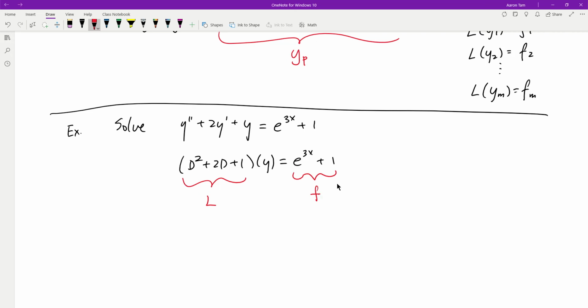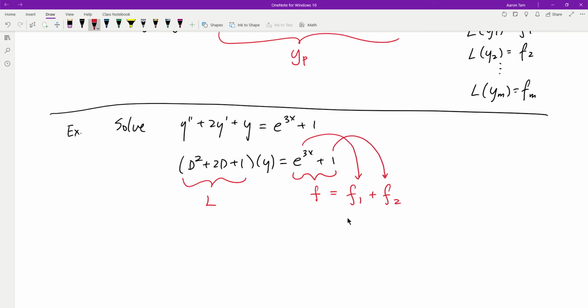But our function f in this case is actually formed by two functions, f1 and f2. Which one is f1? f1 would be e to 3x, and f2 is 1.